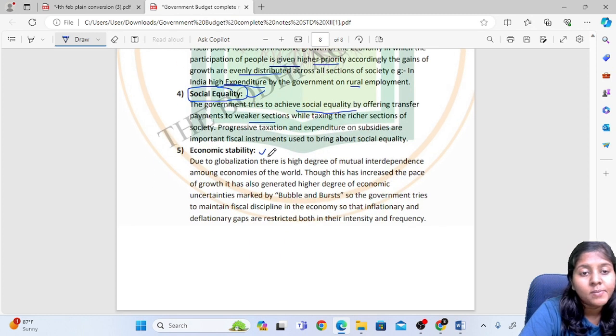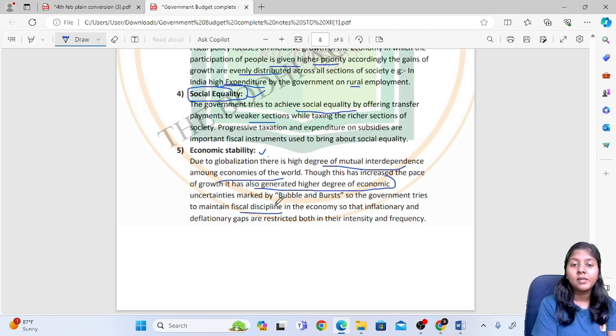Then, economic stability. Due to globalization, there is a high degree of mutual interdependence among economies of the world, and this has increased the pace of growth and it has also generated a higher degree of economic instability. So here the government tries to maintain fiscal discipline in the economy so that they can control the inflation and deflation gaps.